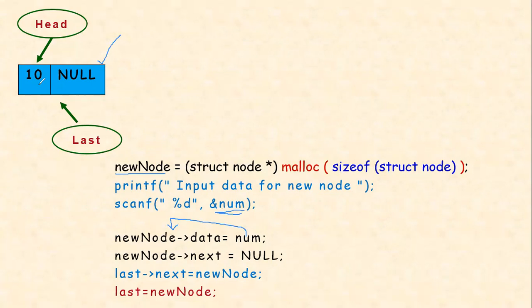Then 10 is placed here. Then I am assigning null to the new node, because the new node is added at last. Sorry, I forgot telling you that this node is already created, and we are creating a new node.